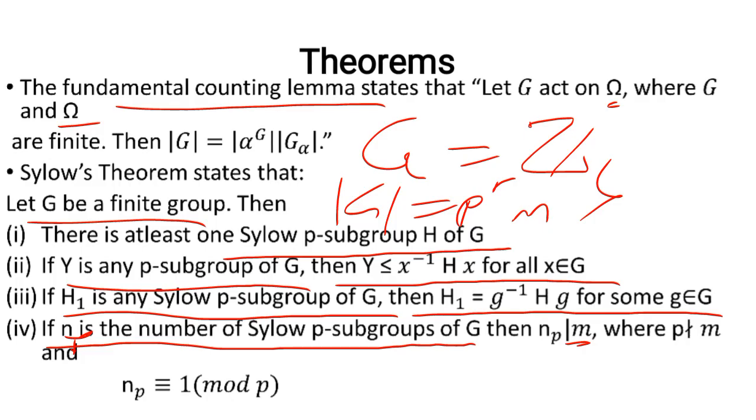So P does not divide m, and the number of Sylow P subgroups is always congruent to 1 modulo P.